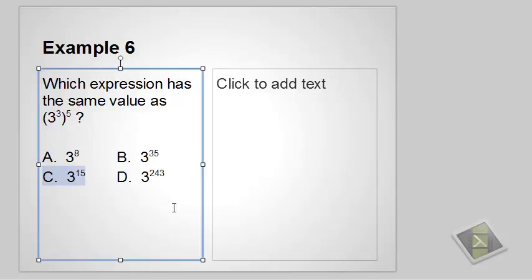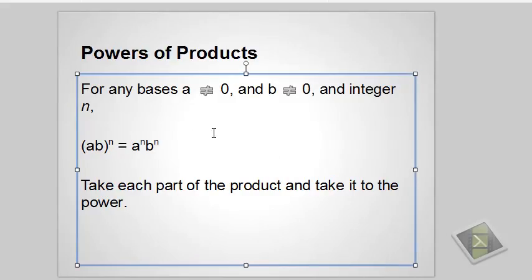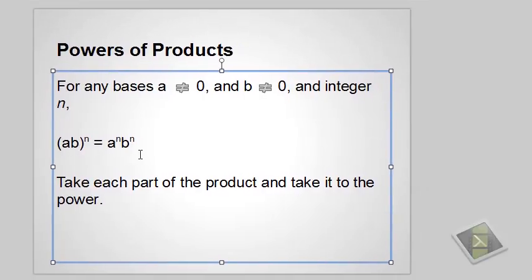Okay, we have one more thing to talk about. Powers of products. For any bases A and B, both not equal to 0, and some integer n, if we have A times B all raised to the nth power, you will take each part inside that parenthesis, each part in that product, and take it to the nth power.